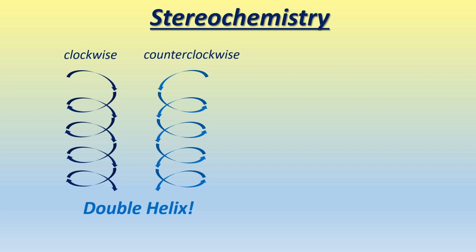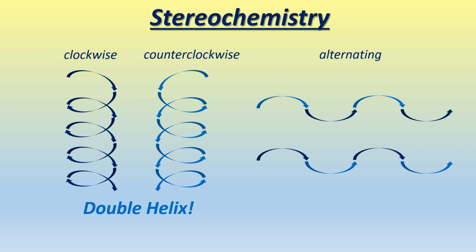Additionally, these stereoisomers that have handedness, one can go to the left, one can go to the right, can be added alternatingly, counterclockwise, clockwise, counterclockwise, or in any various combinations. This is the basis of the enzyme-substrate relationships.